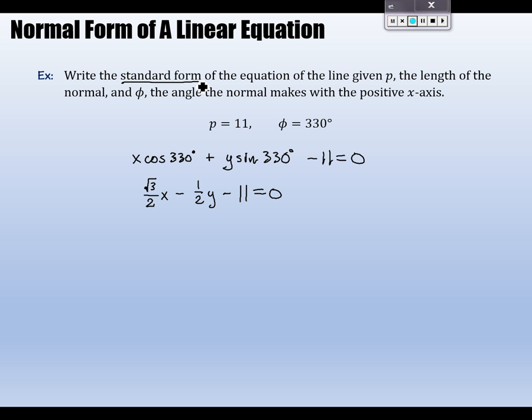I think what we want is something capital A times x plus something capital B times y plus something capital C equals 0. And I think we want capital A to be positive and maybe free of any fractions, stuff like that. Standard form, I think the general idea is make it look pretty, okay? So do whatever you can. Maybe we multiply through by 2.